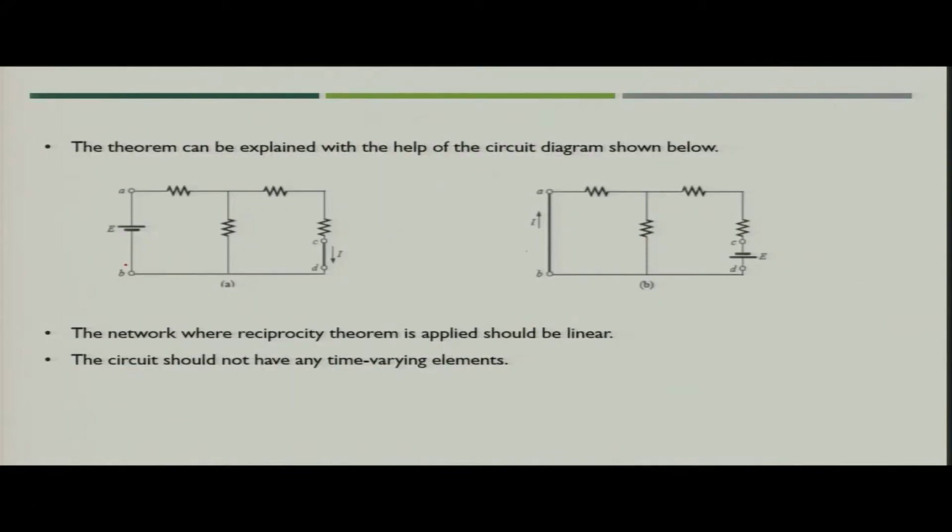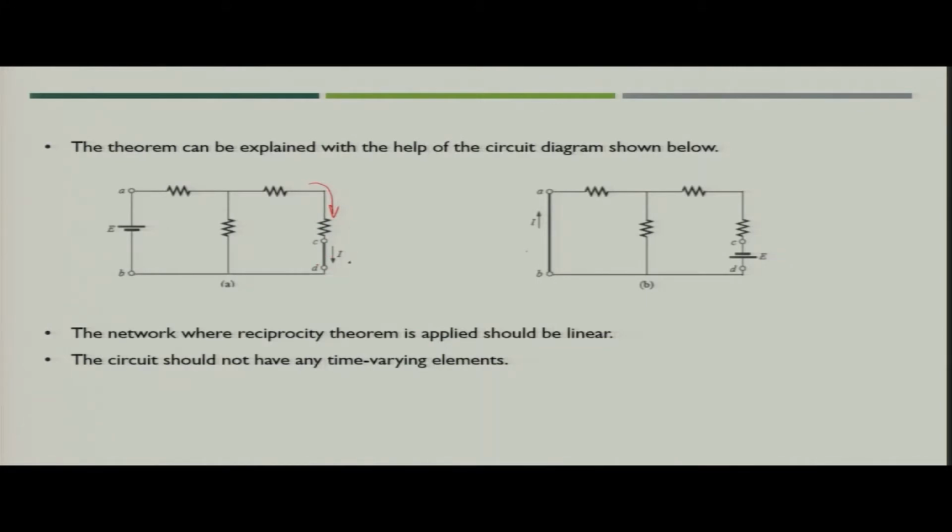Suppose we have originally one circuit as shown in this figure, where one voltage source E is present between nodes A and B, and it is causing a current I to flow in the resistance along the nodes A and D. When the circuit is energized, the current will flow in this particular branch.